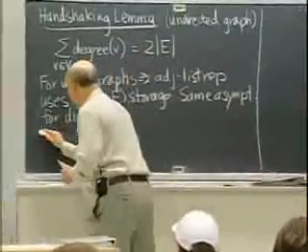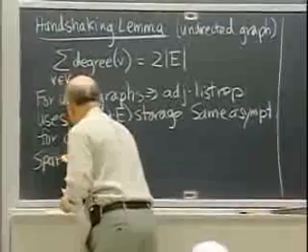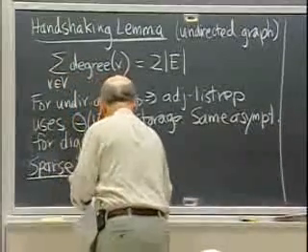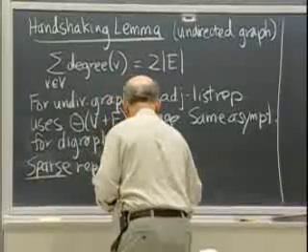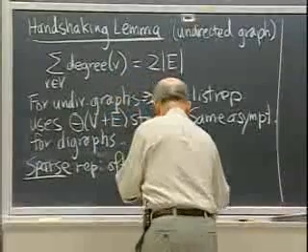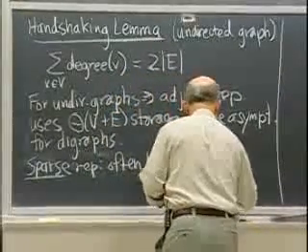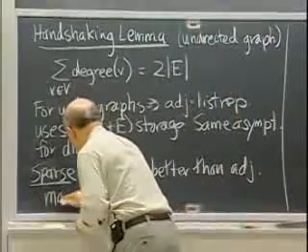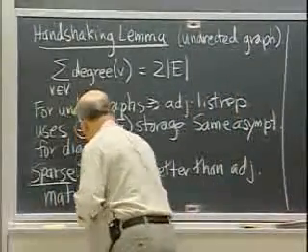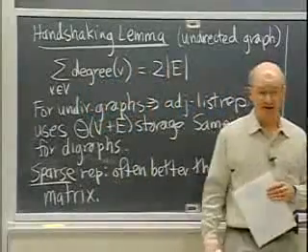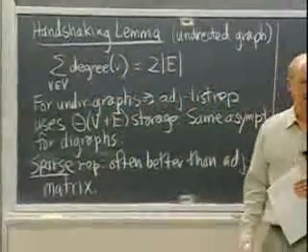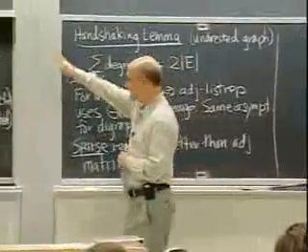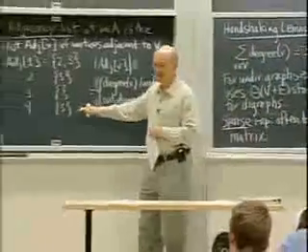So this is a sparse representation, and it's often better than an adjacency matrix. For example, you can imagine if the World Wide Web were done with an adjacency matrix, as opposed to an adjacency list type of representation.